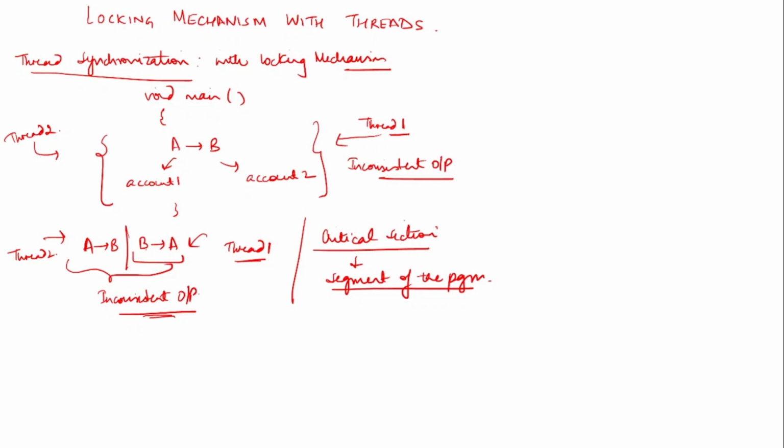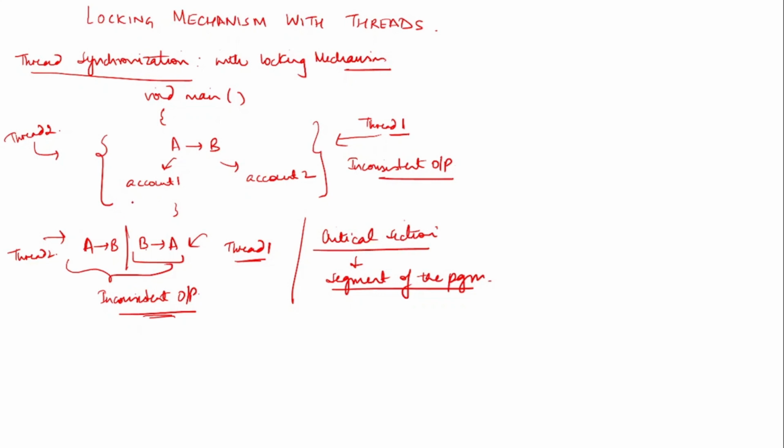So this is the main concept under the critical section: it is a very important piece of code, and at one particular time only one thread could execute this particular segment of the program.